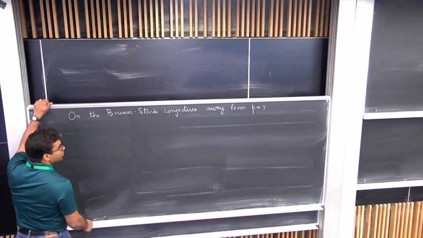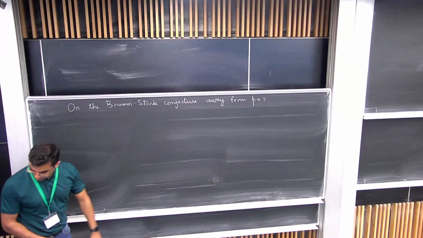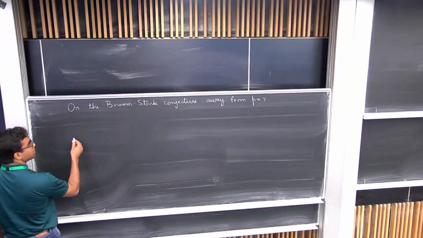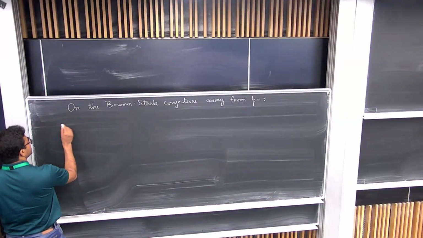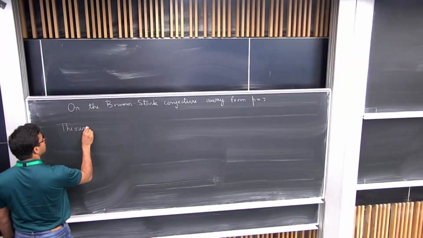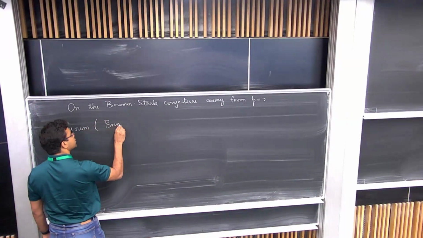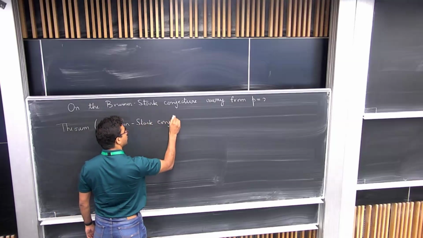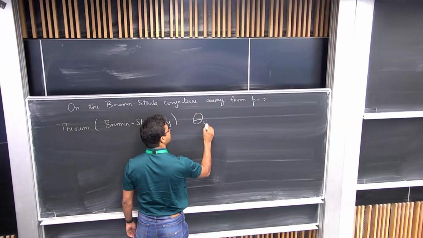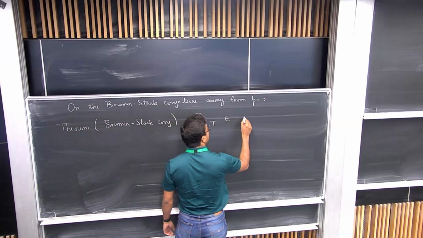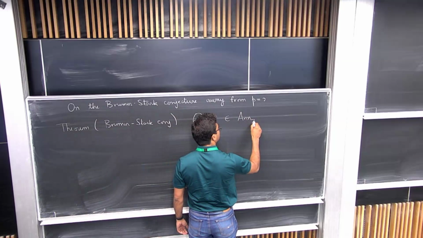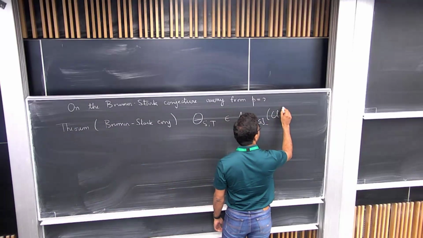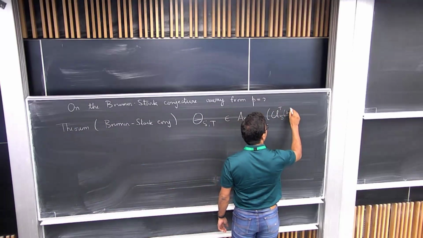Let's recall, some of the notations I'll just borrow from Sumit's talk. Here is the Brumer-Stark conjecture: the element theta_S,T is in the annihilator ideal of the class group, the minus part of it.